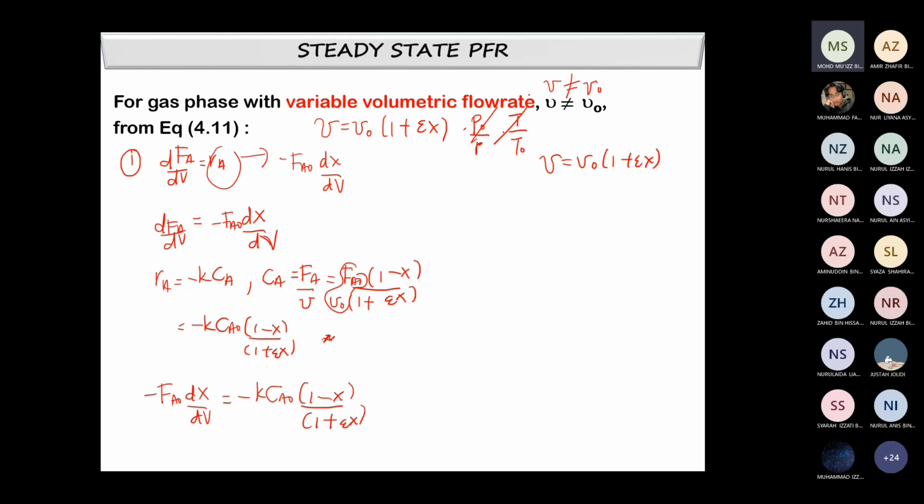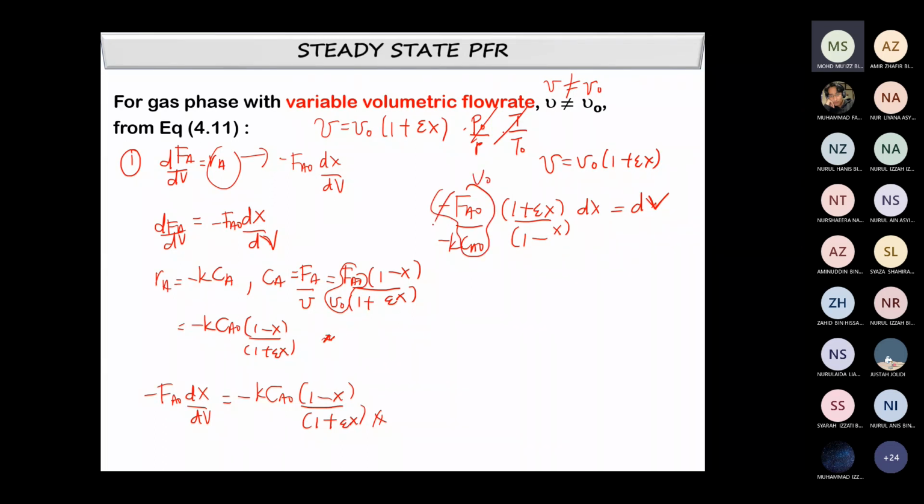Selalu kalau contoh macam F2F punya final exam, kami akan letakkan appendix untuk integration yang susah, tapi you kena tunjuk jalan dia macam mana nak kira. Daripada situ, just rearrange sahaja, sebab kita nak jadikan satu side dX, satu side dV. So daripada sini boleh jadi V0.